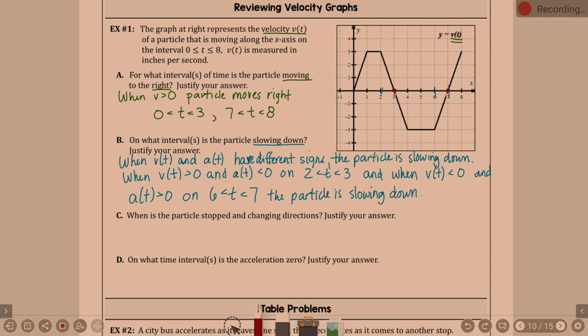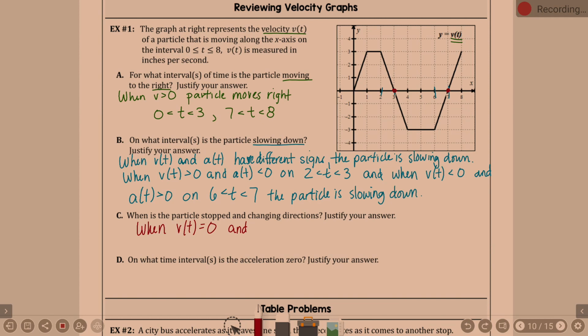Okay, so how do I want to say this? V of t equals 0, and I don't even think I said the other part.